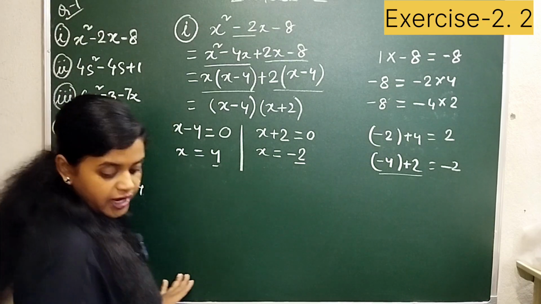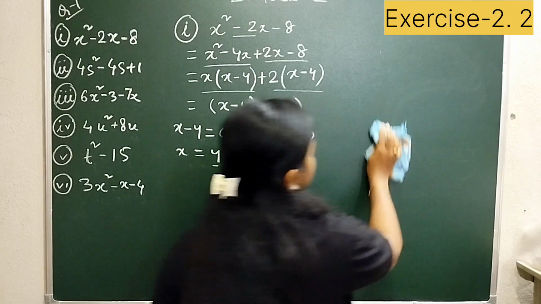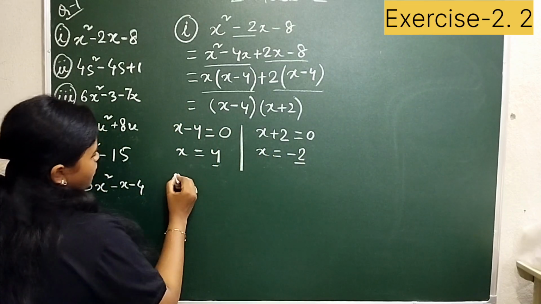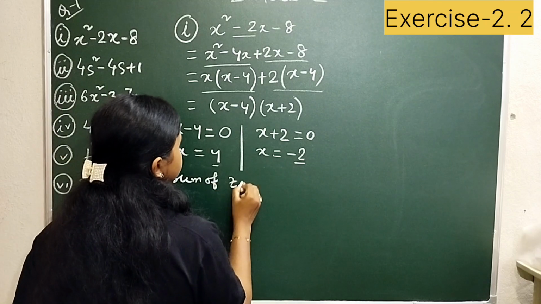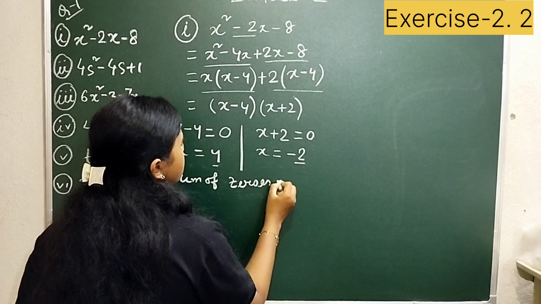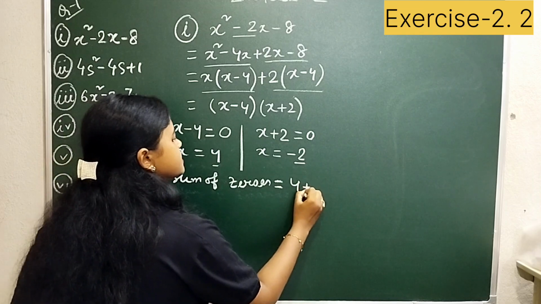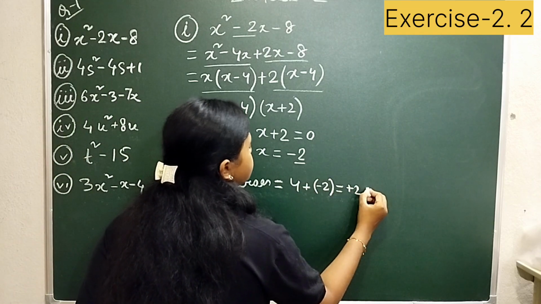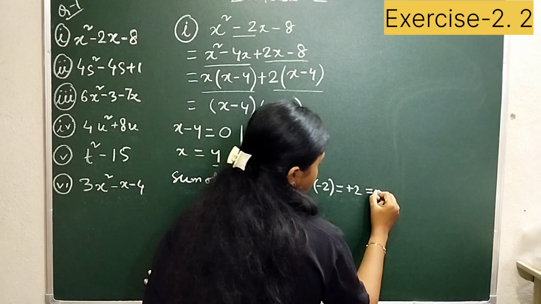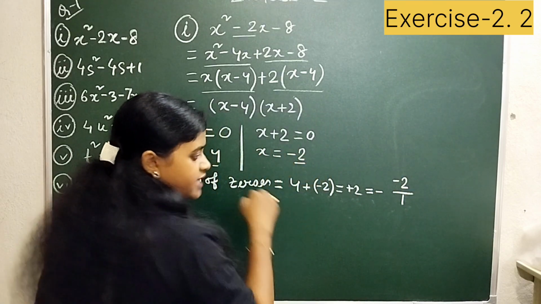Now we have to find the sum of the zeros and the product of the zeros. Sum of zeros equals 4 plus minus 2, so we get plus 2. And plus 2 can be written as minus of minus 2 by 1, that is 2 by 1.